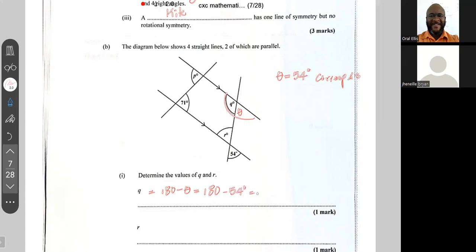And this would make it 126 degrees. They are angles on a straight line. All right, so I have Q. R, it's easy. I can see that R is equal to 54 degrees. I'm going to write it over.